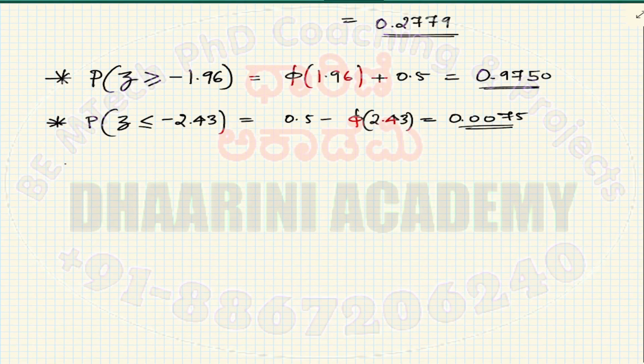Then the probability that z is greater than or equal to 0.85.